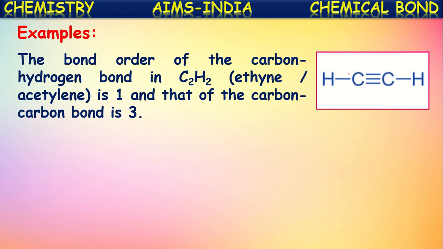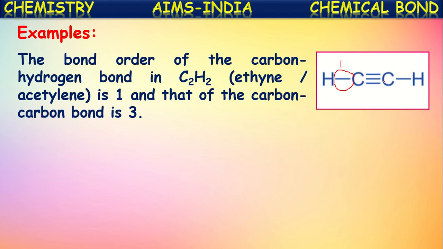Now, the bond order between carbon and hydrogen is 1 because there exists a single covalent bond, or there exists sharing of a single pair of electrons. Hence, the bond order here is 1.